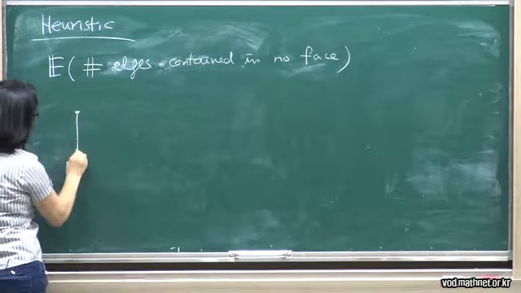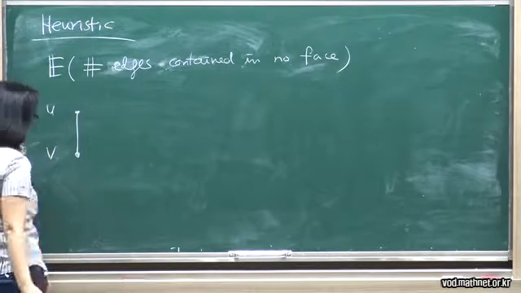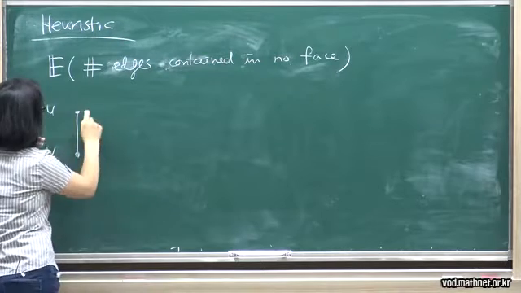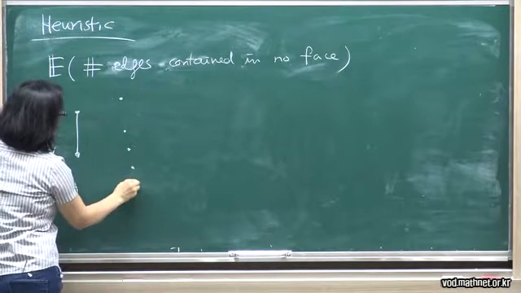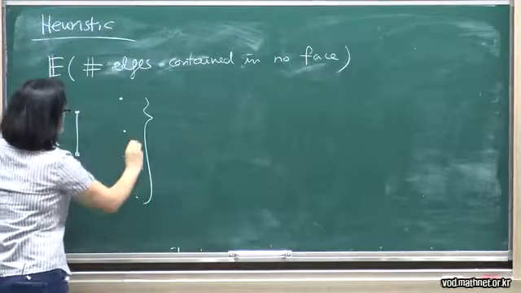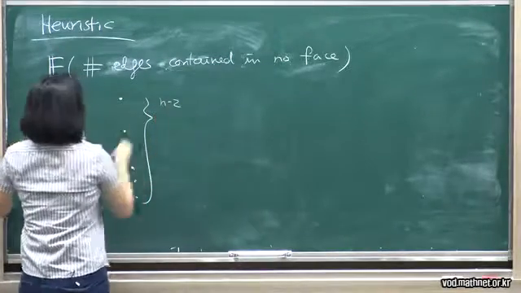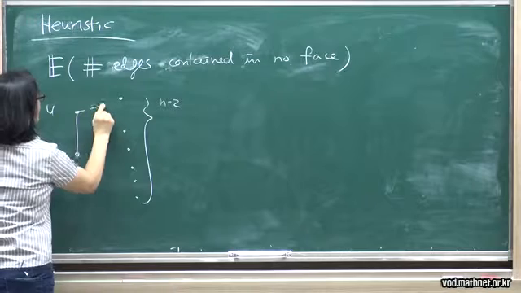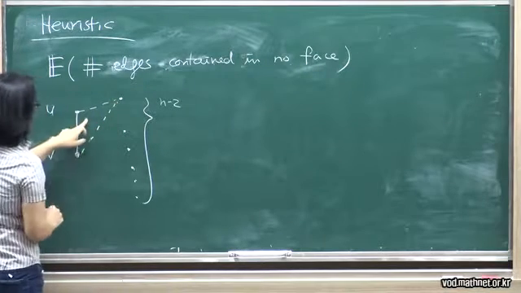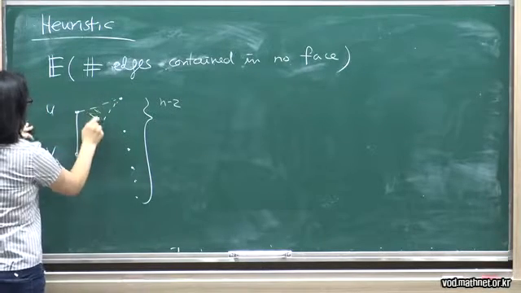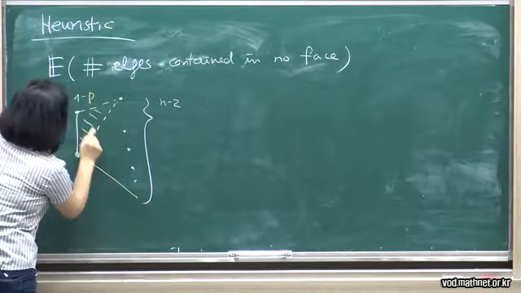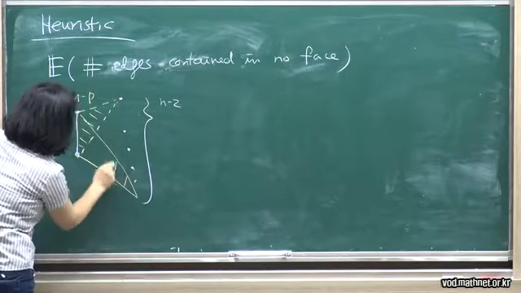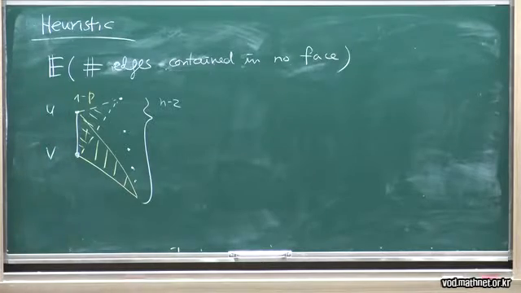So given an edge, say u and v, we have potentially n-2 vertices which together with u and v may form a face. But we do not want to have any face. This is not a face with probability 1 minus p, independently.